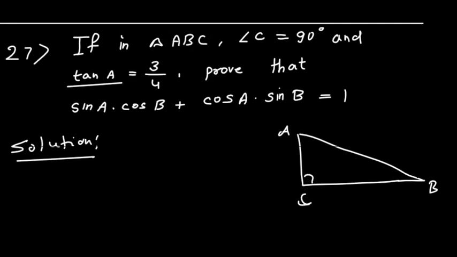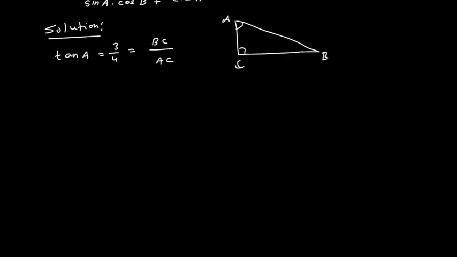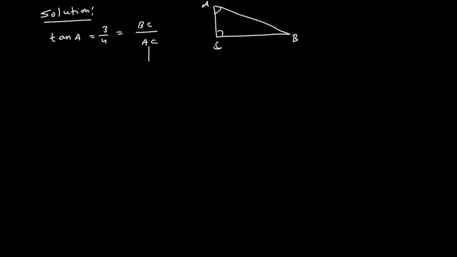And tan A is 3 upon 4. So in the solution we have tan A is equal to 3 upon 4. For angle A, tan A is opposite, which is BC, upon AC. So BC upon AC is equal to 3 upon 4.